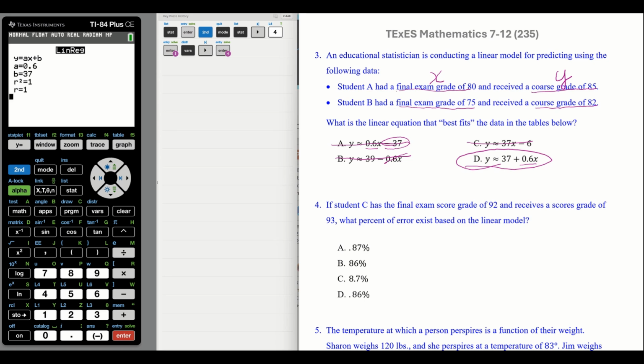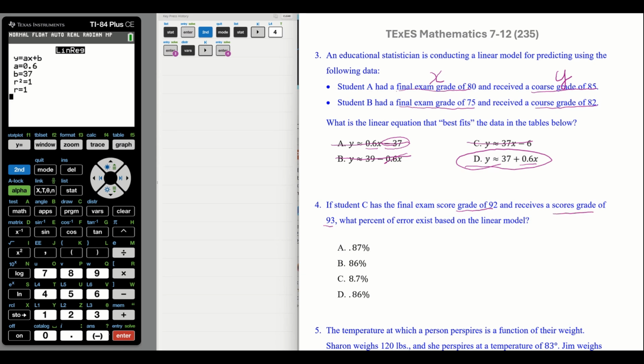Okay, now it says on number 4, if student C has a final exam score of 92 and receives a course grade of 93. This is final exam.